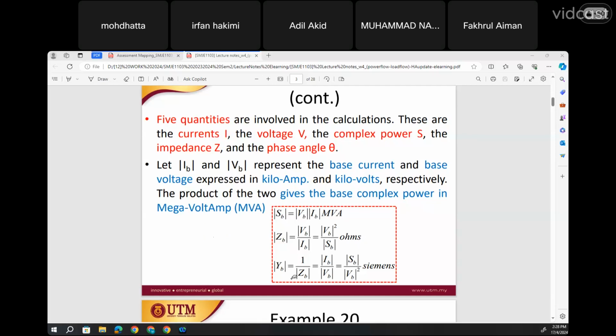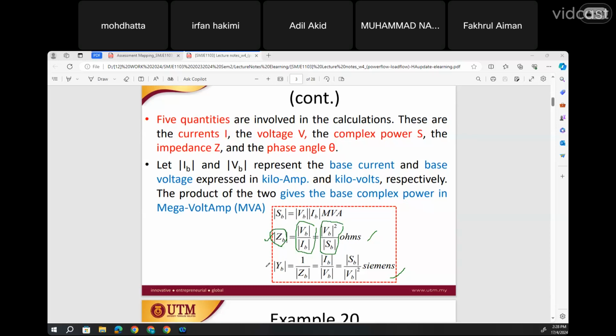From the given base information, you can always calculate the base impedance and also the base admittance. For example, here for Z, or the base impedance, it comes from V base divided by I base, and we can also have it as V base squared over S base to find our base impedance value.